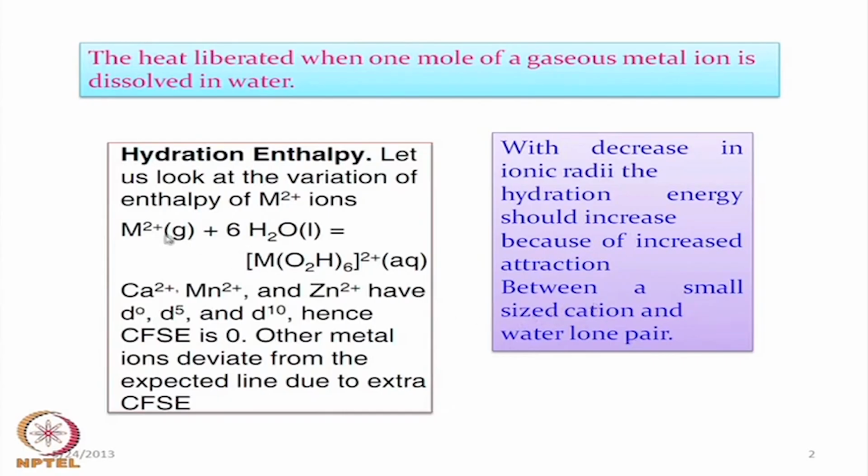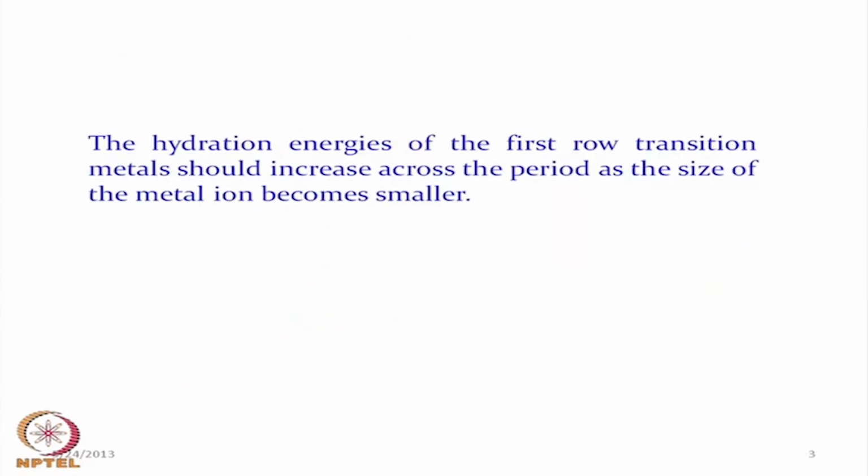The cation is very small because it is dipositive, and with the water lone pair we can have the interaction, because the water molecule faces with its negatively charged dipolar end, that means the oxygen end, towards the metal center, and we have the metal ion to oxygen interaction, and slowly the M-O bond is forming, and this interaction is increasing as the ionic radii change. So if the ionic radii is decreasing, our hydration energy should be more.